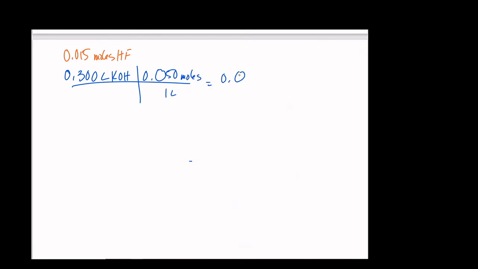So that's 0.015 moles of KOH, okay? So now we're going to do our reaction. HF plus KOH goes to KF plus H2O, okay?